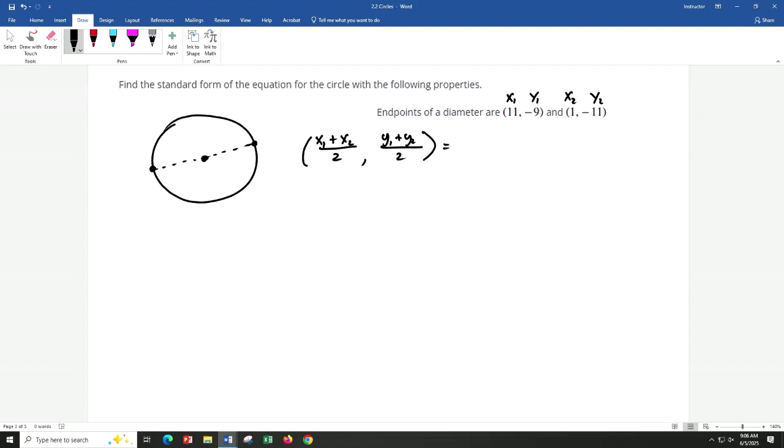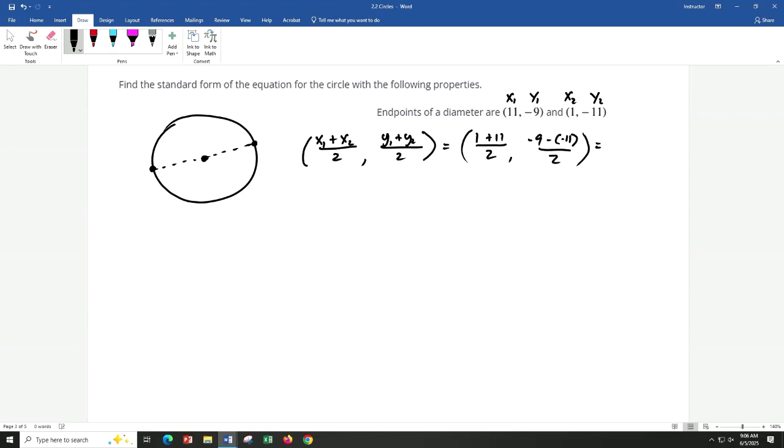Let's put it all in. Notice for this first one, I have 1 plus 11 divided by 2. And then I'm gonna have what here? I did x2 and x1, but doesn't really matter. Then I have this -9 minus -11, right? All divided by 2.